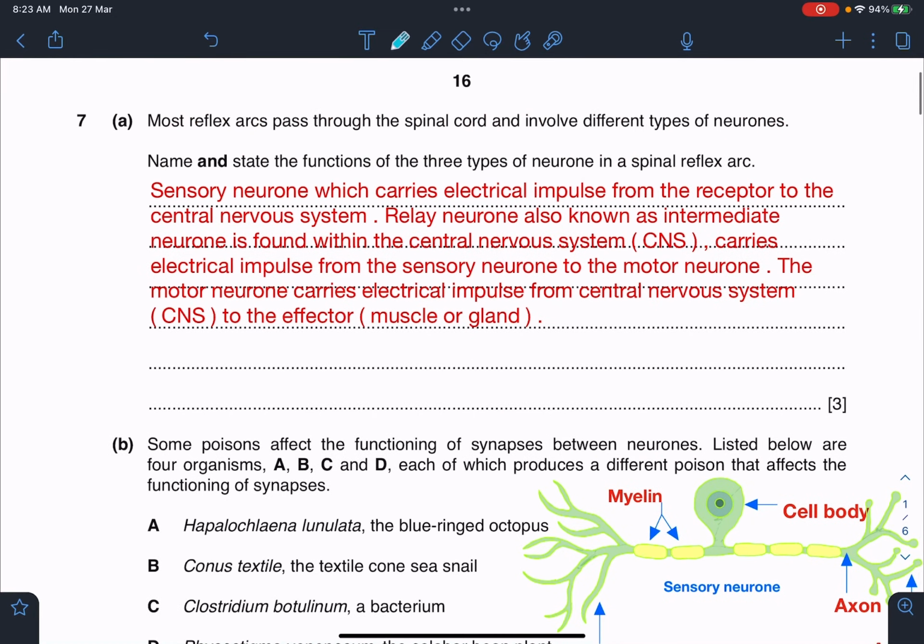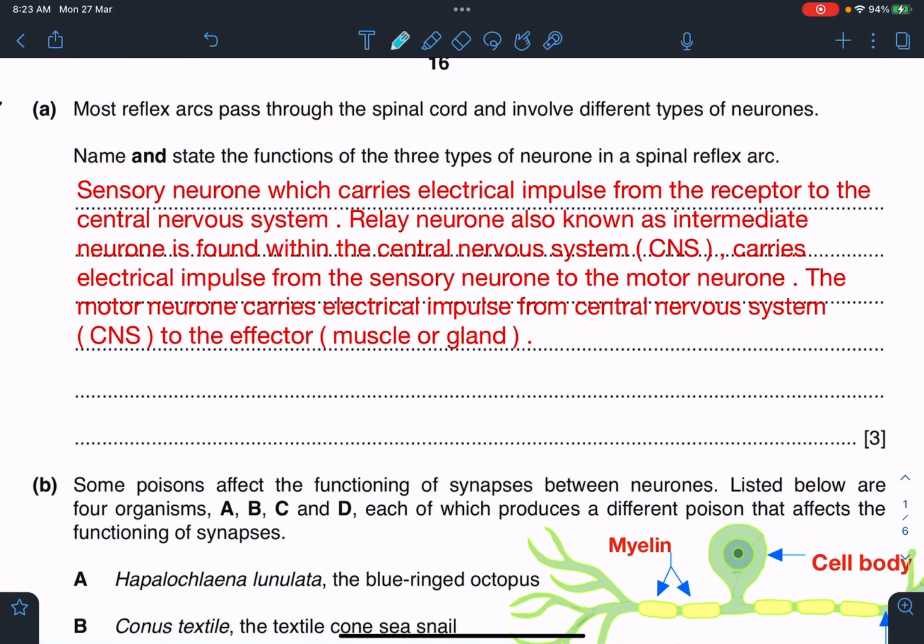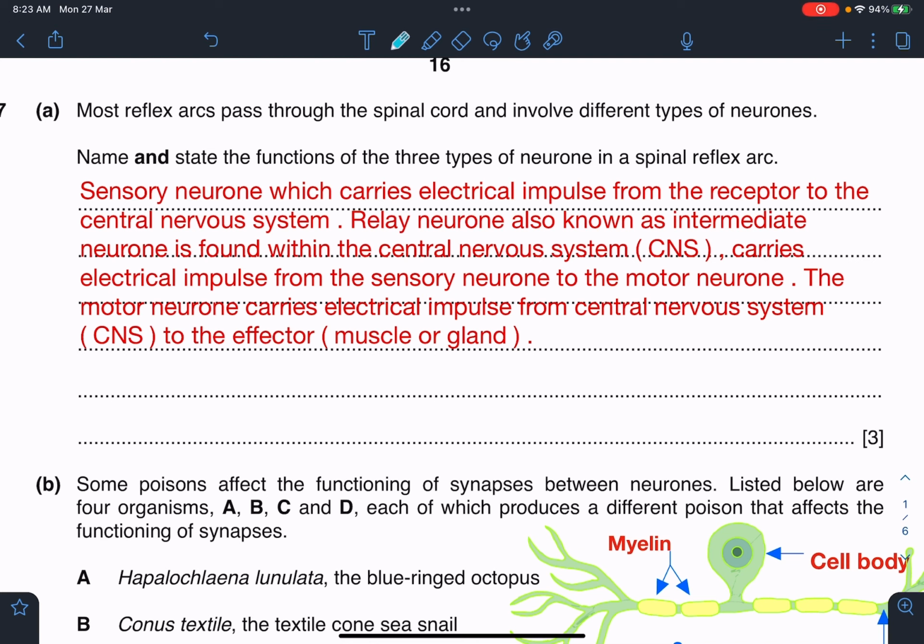What I've written is that a sensory neuron is a neuron which carries electrical impulses from the receptor to the central nervous system. Then we have a relay neuron, also known as an intermediate neuron. It's found within the CNS, and it carries electrical impulses from the sensory neuron to the motor neuron, and the motor neuron carries electrical impulses from the CNS to the effector, which could be a muscle or a gland.